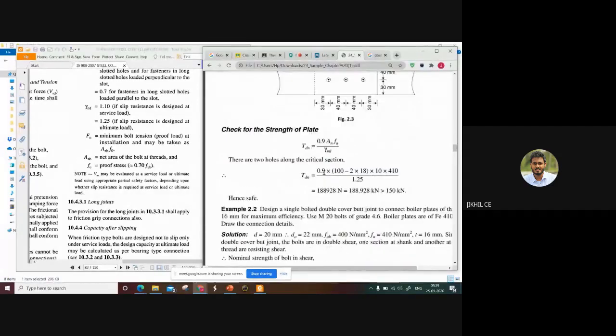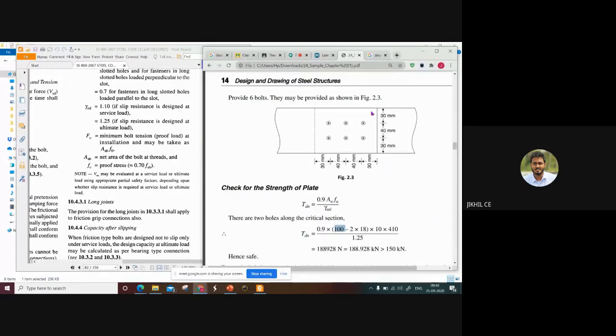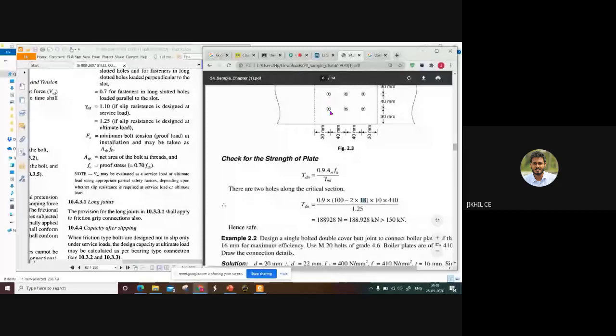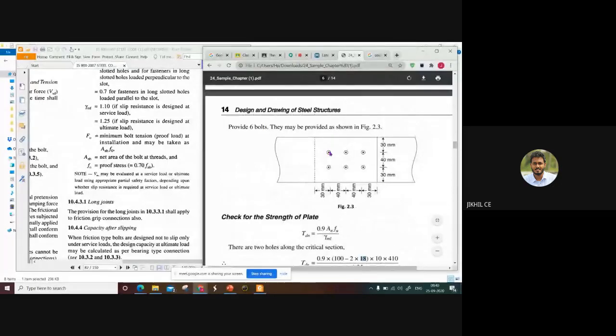So that's why TDN is equal to 0.9 into (100, the width of plate, minus 2 into 18). 18 is the hole diameter. So we are deducting the two hole diameters, hole 1 and hole 2, from the total width.